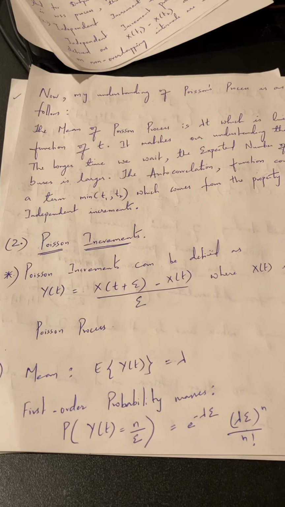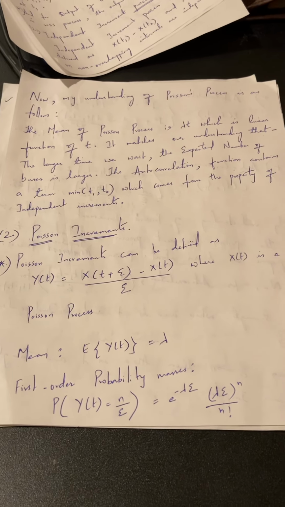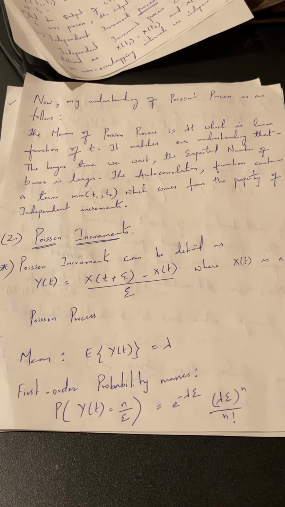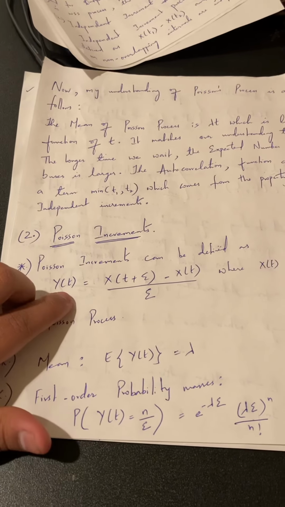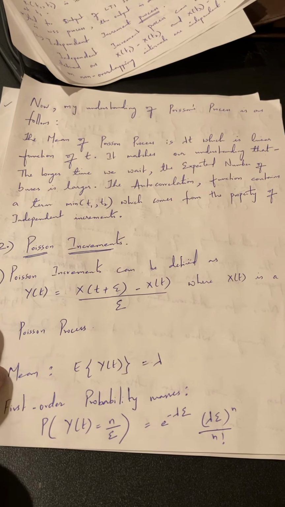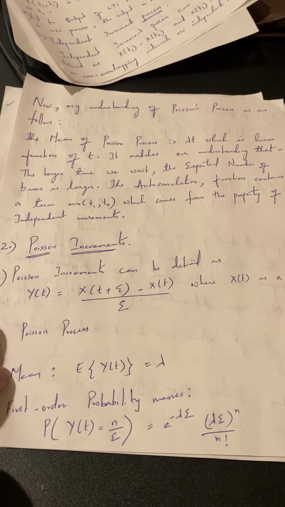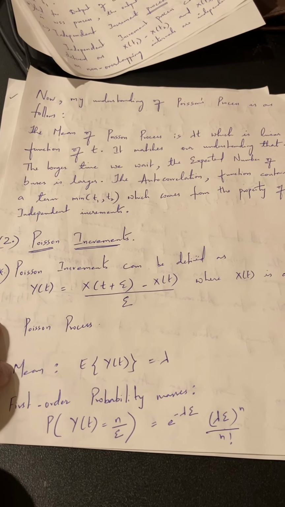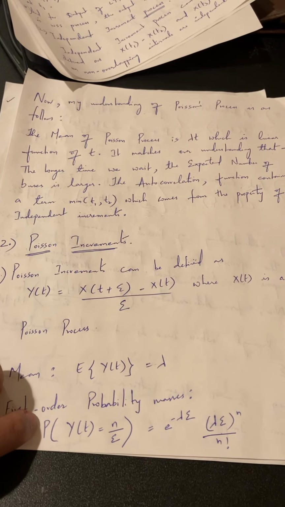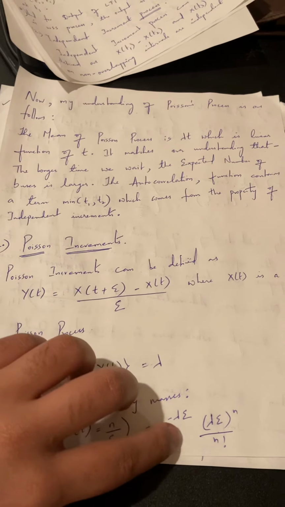So this is what I understand from the first process. Second, we are told to discuss Poisson's increments. Poisson's increment can be defined by y(t) equal to this equation, where x(t) is a Poisson's process. We know that the mean E of y(t) equal to lambda, and the first order probability masses are defined by this equation.